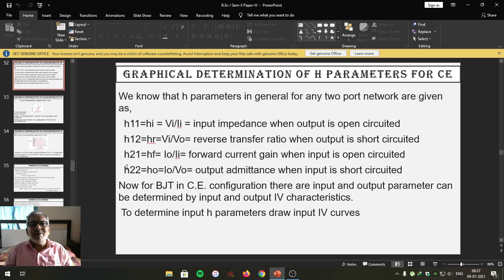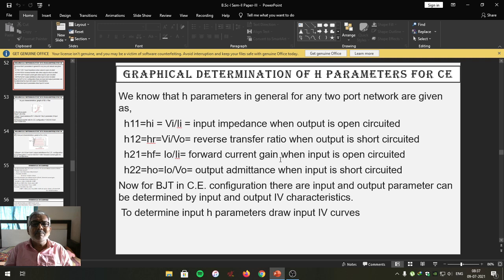Now these are the hybrid parameters in general which we have defined, which we have already studied in paper number first. I am again repeating because you should go to that particular aspect in paper number 1. Here we have just considered a summarized aspect of H parameters for a two-port network.